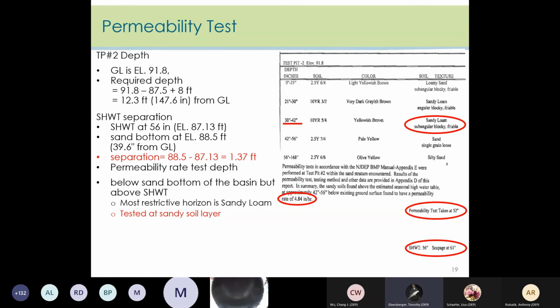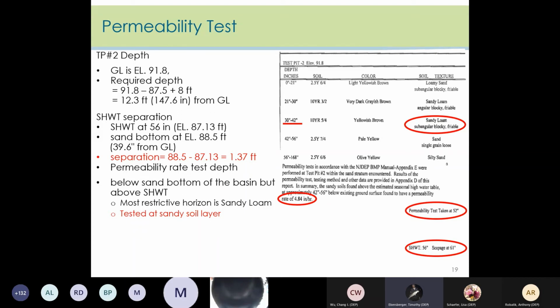From the log, it shows that there are sandy loam soil and sandy soil in that depth range. Sandy loam is typically more restrictive than sand, so that should be the location where the soil permeability test or sample is taken. However, as indicated in the log, the permeability rate was tested in the sandy soil at a depth of 52 inches. Therefore, the soil permeability test was not performed correctly.